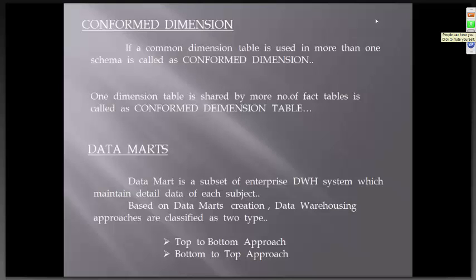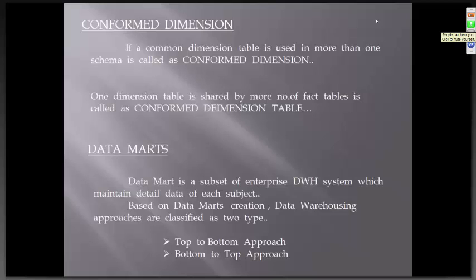So here, each subject is a data mart. That's it, nothing else. For example, if you want to maintain a complete data warehouse for a product-based company, first of all you have to maintain the OLTP database with the information for each and every subject area.